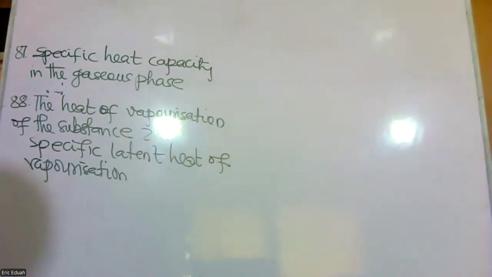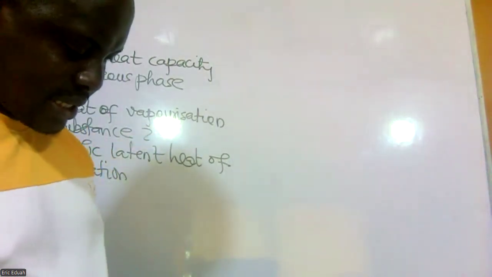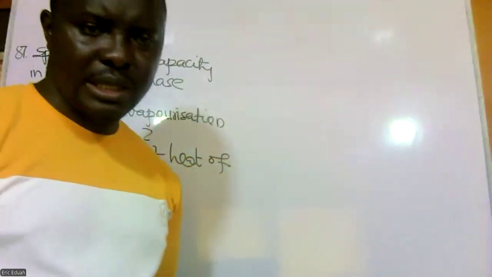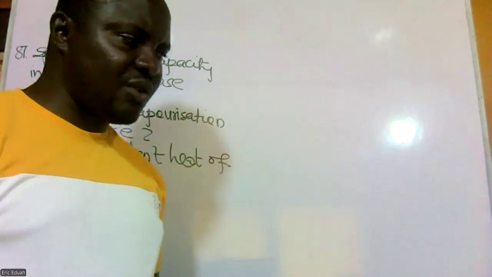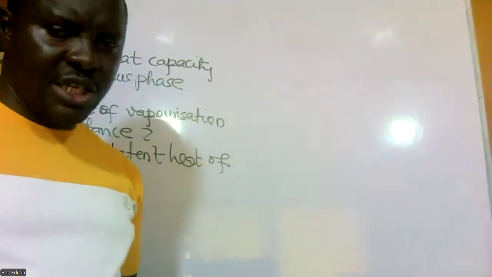All right, let's see. So the specific heat capacity in the gaseous phase. So look at from 120 to 160. Okay, it's about sensible heat. Sensible heat is the heat responsible for change in temperature.